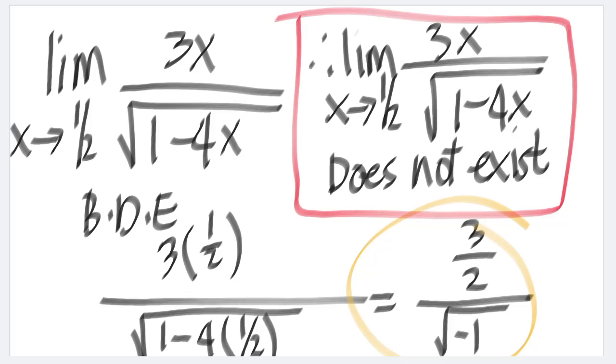Okay, what about number 2? The limit of sine x all over ln x as x approaches 1 from the left, 1 minus.